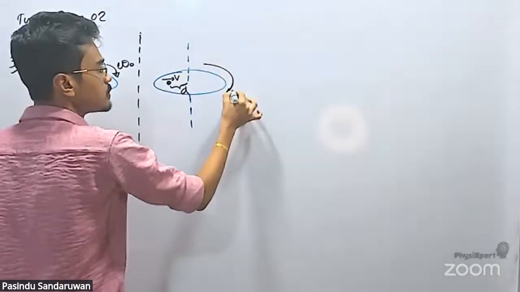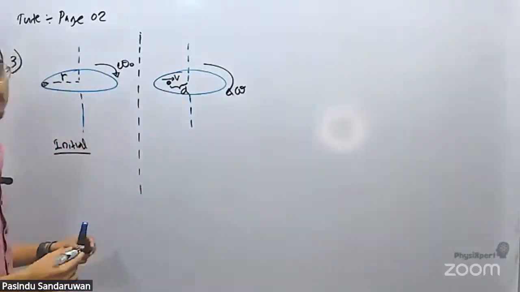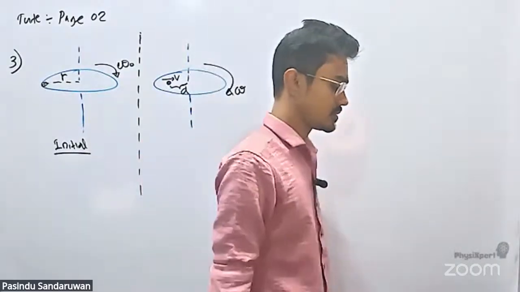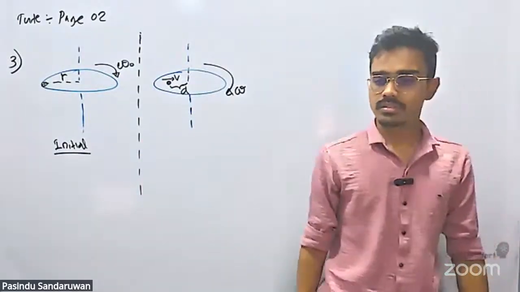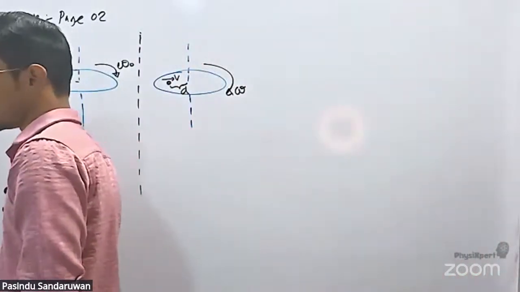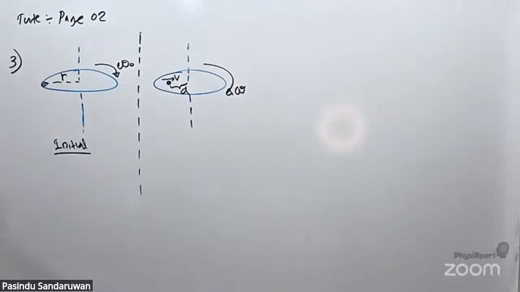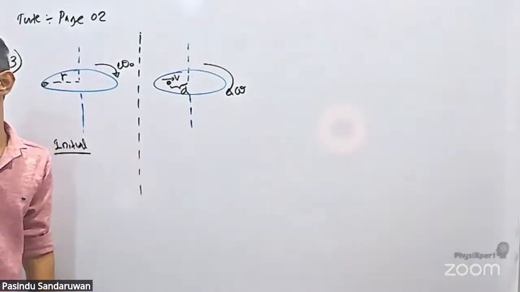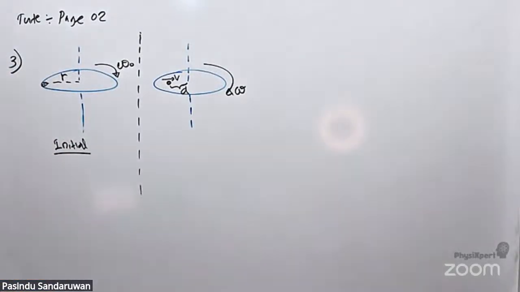We need to find the new omega, so let's assume it as omega. Angular velocity of the disk when d distance away from the center. This is our final scenario.